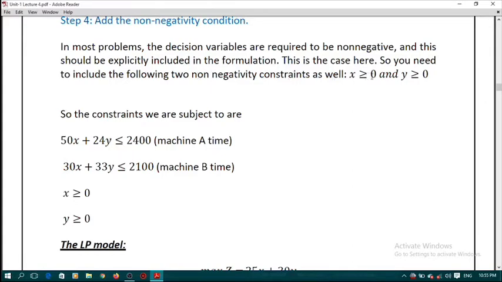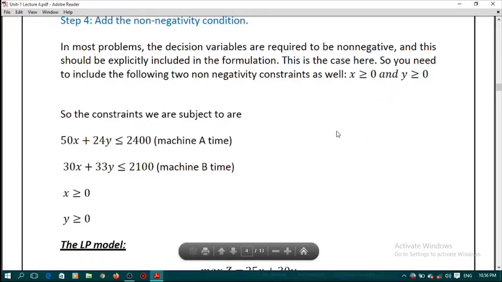So x greater or equal to 0 and y greater or equal to 0. So the constraints we are subject to are 50x plus 24y, which is less or equal to 2400 for machine A time, and 30x plus 33y, which is less or equal to 2100 for machine B time. X greater or equal to 0, y greater or equal to 0.